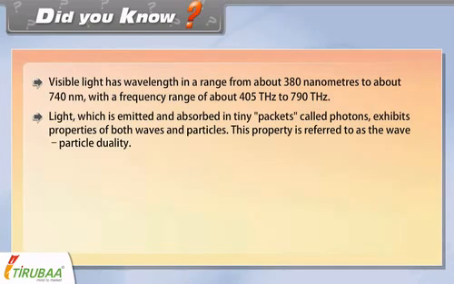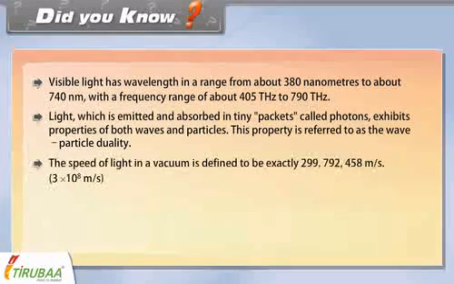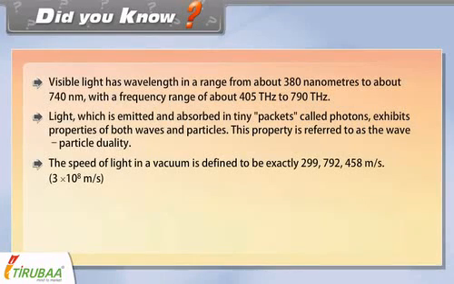This property is referred to as the wave-particle duality. The speed of light in a vacuum is defined to be exactly 299,792,458 meters per second, that is 3 into 10 raised to the power 8 meters per second.